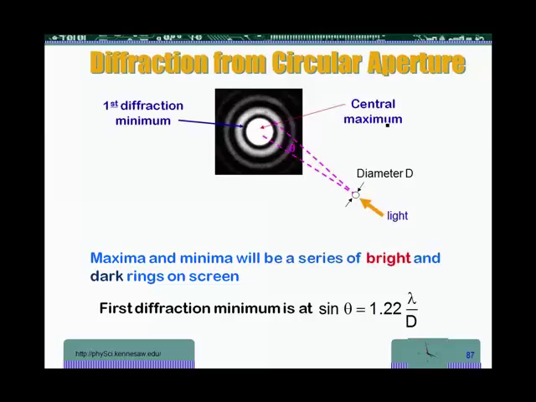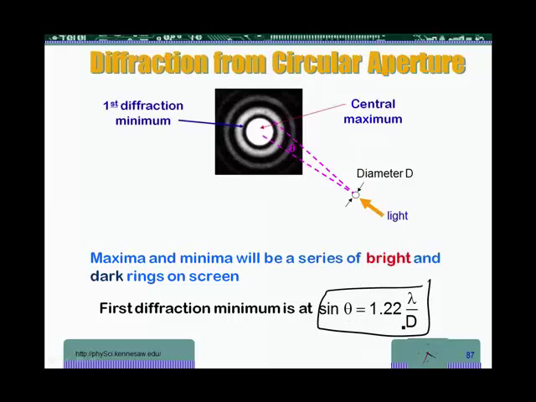Now, that was the discussion of slits. What's going to happen if, instead of slits, we have holes? Like here we have a circular hole of diameter d, what we call a circular aperture. Now, it's going to be the same idea, but there is a slight change due to the geometry.